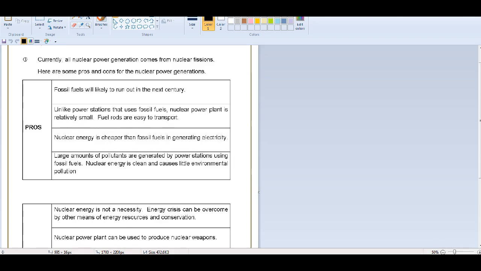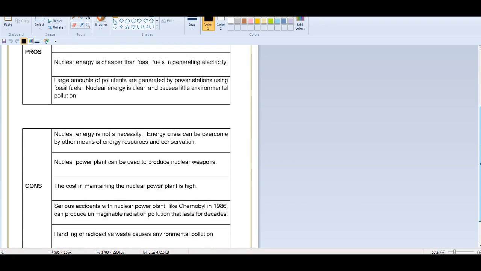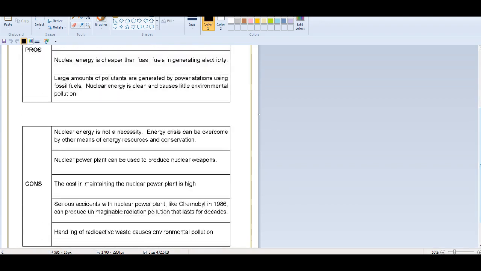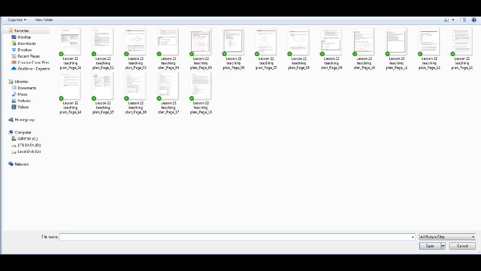So I think it will be better for you to have more information about nuclear power plants. There are some very common advantages and disadvantages regarding nuclear power plants. You just need to read that by yourself. I'm not going to read that for you one by one.